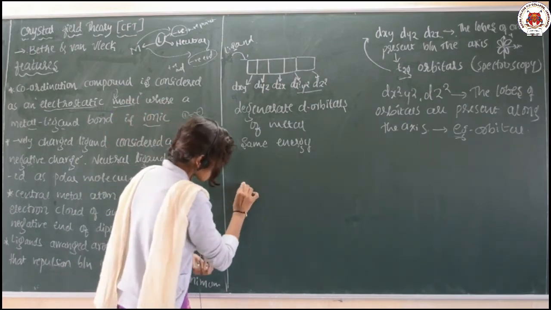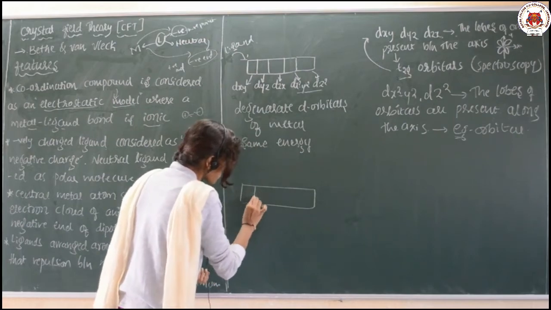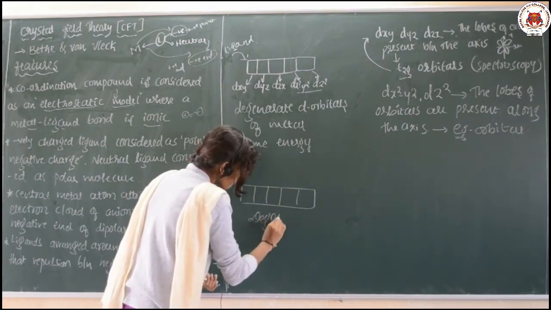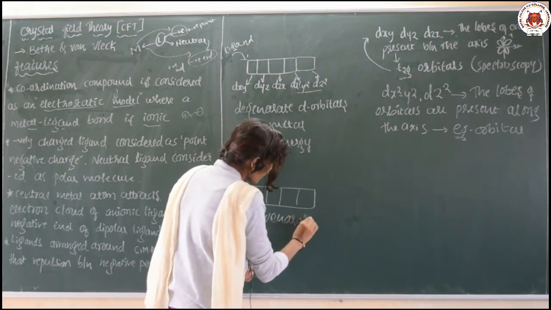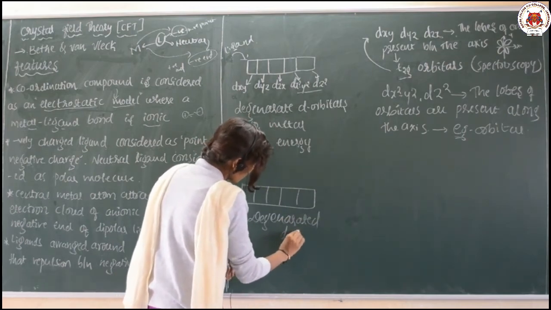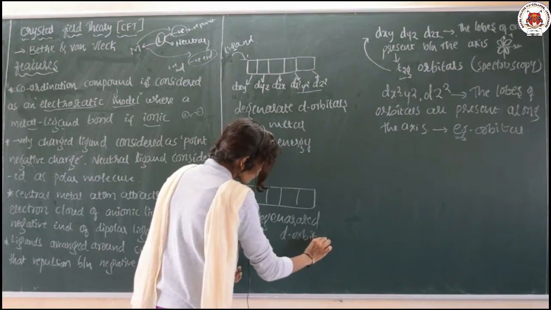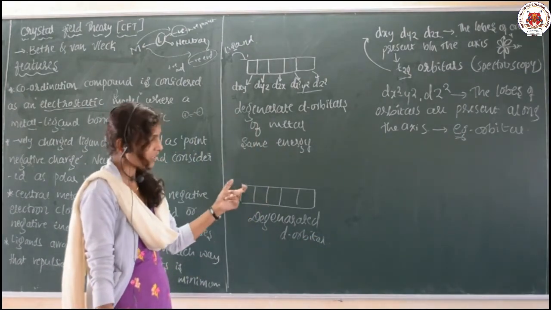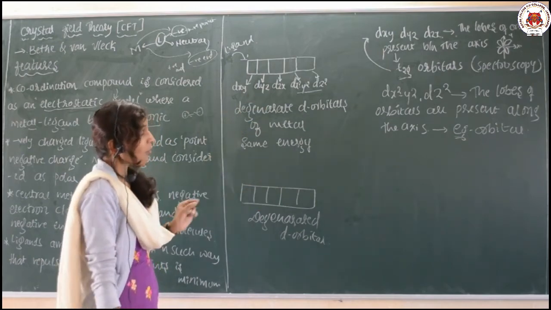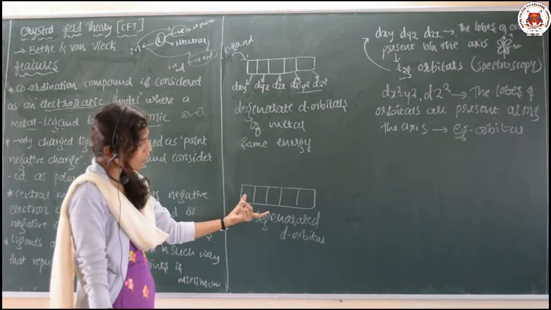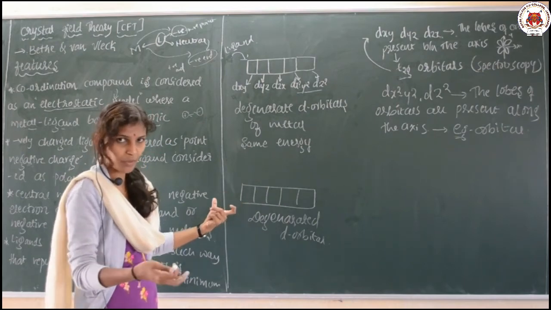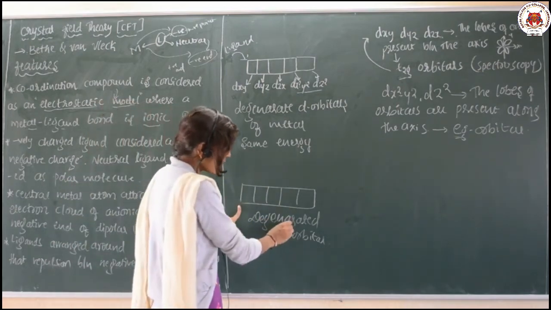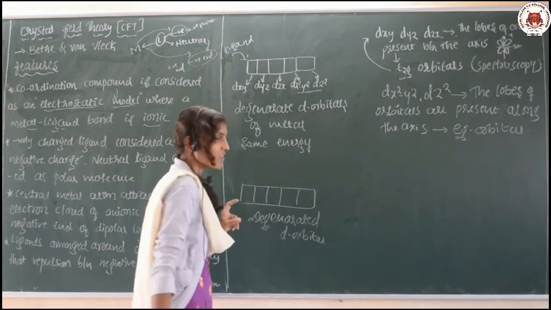This is the d orbital, which is first a degenerate d orbital, with dxy, dyz, dz square, as I said. Now, when the ligand approaches these orbitals, there is a repulsion between the ligand and these orbitals because of the electrons. During that time, the degeneracy is lost.